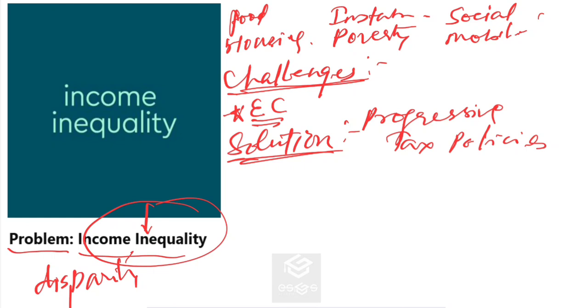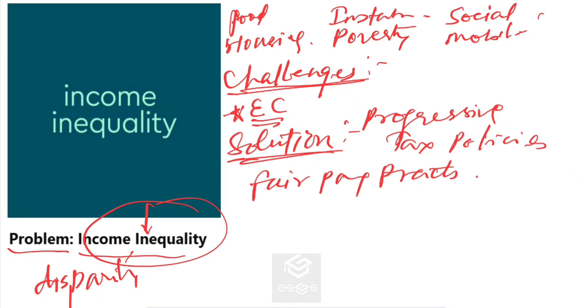Also, business corporations can adopt fair pay practices, ensuring living wages for all employees and offer employee benefits like healthcare, retirement savings, and paid leaves. Also, companies can engage in profit sharing programs where workers share in the financial success of the organization.